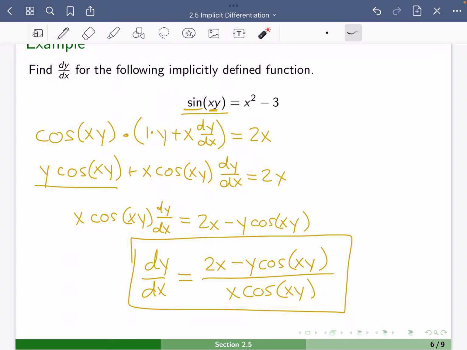And then we would get an answer. We could find the derivative at that point. But we'll look at examples that involve that. And so we will see you next time.